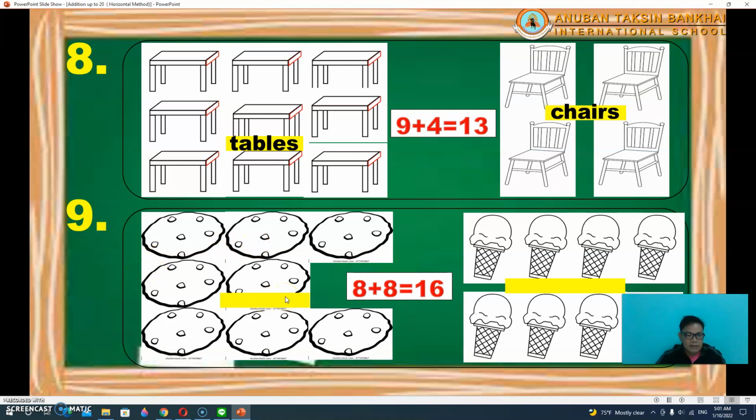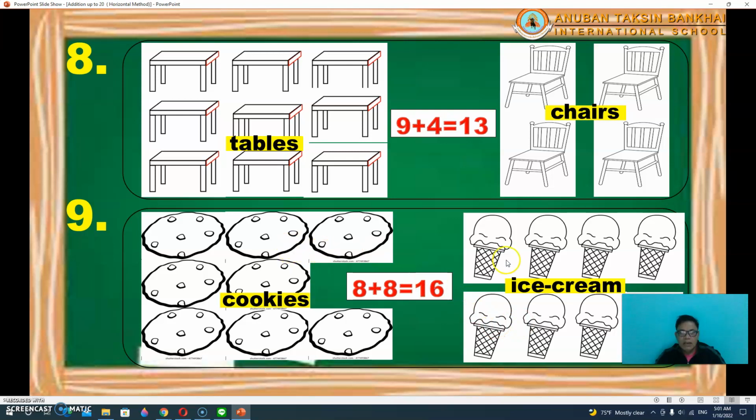What are these? These are cookies. Very good. How many cookies are there? 1, 2, 3, 4, 5, 6, 7, 8. Okay, 8 cookies. What are these? These are ice cream. How many ice cream are there? 1, 2, 3, up to 8.